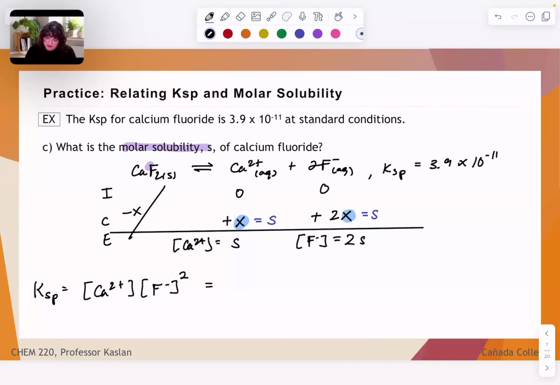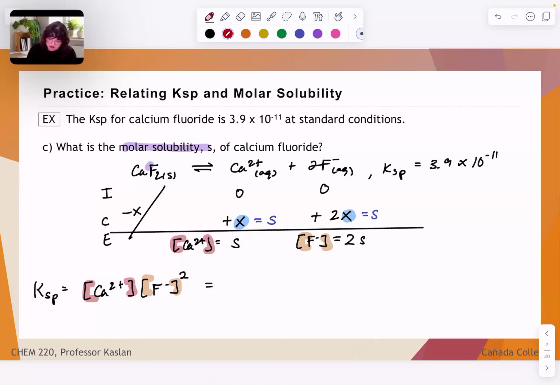So performing a substitution, we have said that the concentration of calcium is equal to S, and that the concentration of fluoride is equal to 2S, and that has to then be squared.